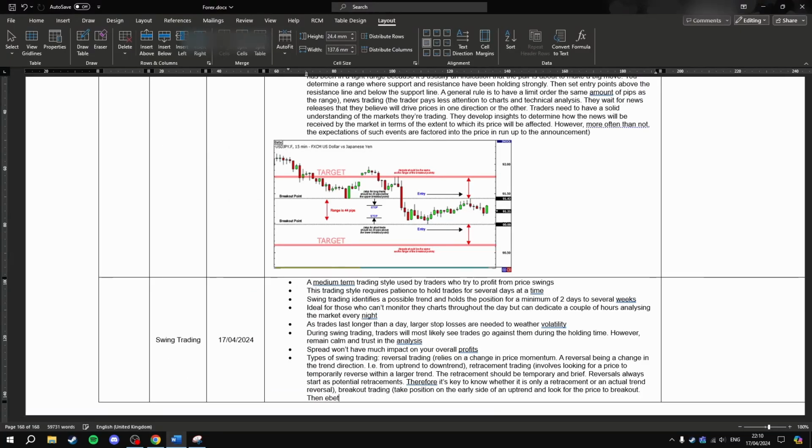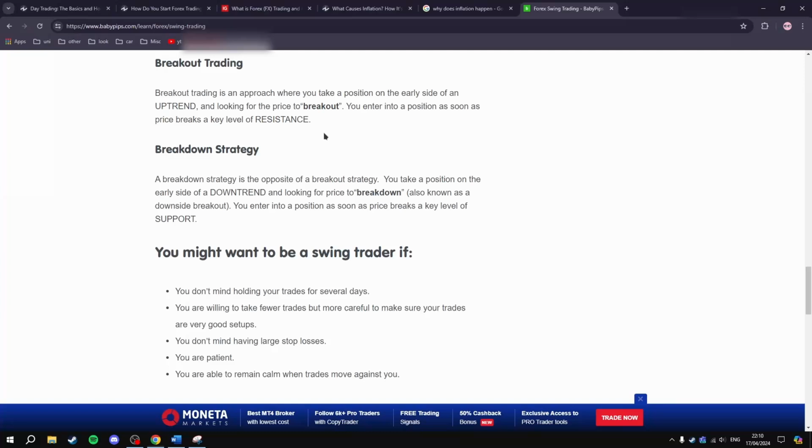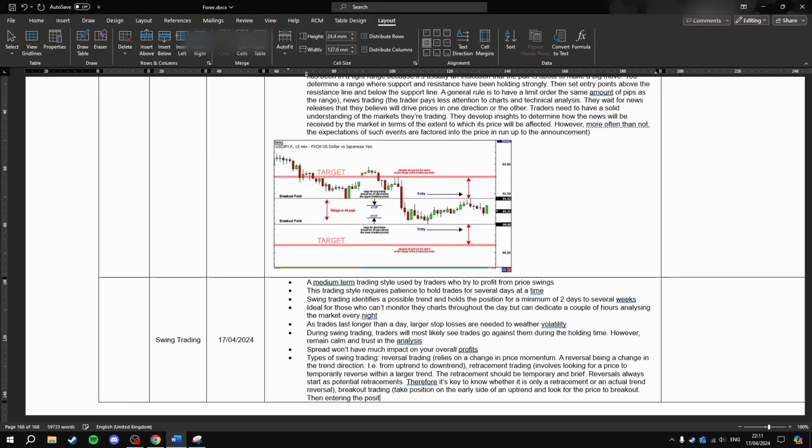You enter into a position as soon as the price breaks a key resistance level.